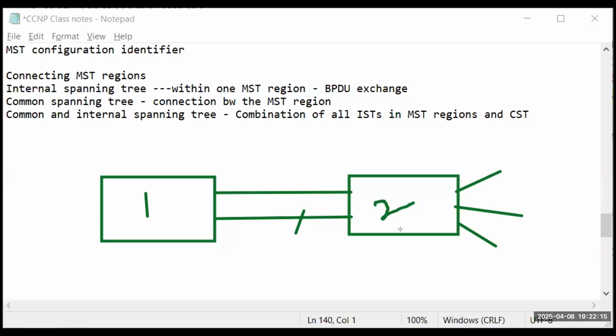But how to achieve sufficient bandwidth between the switches for my users, servers or network resources to access? I can achieve that with the help of EtherChannel configuration. That's why the word EtherChannel comes into the picture. EtherChannel is nothing but a link aggregation technology.